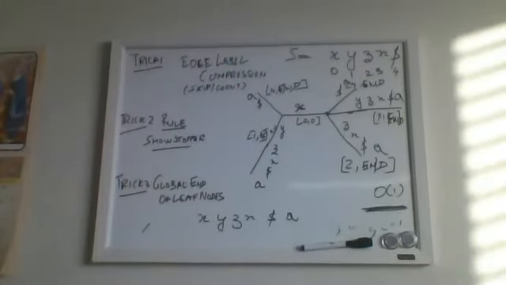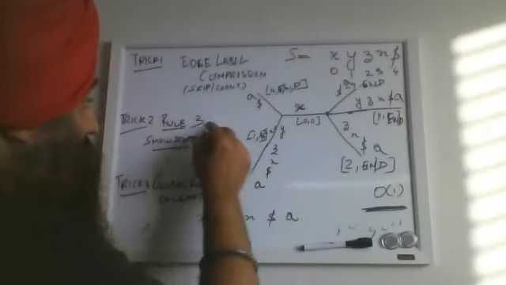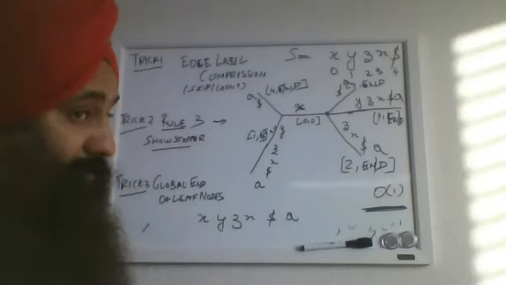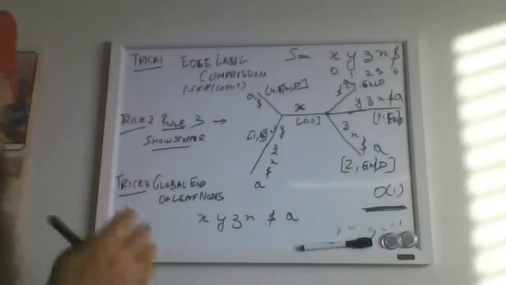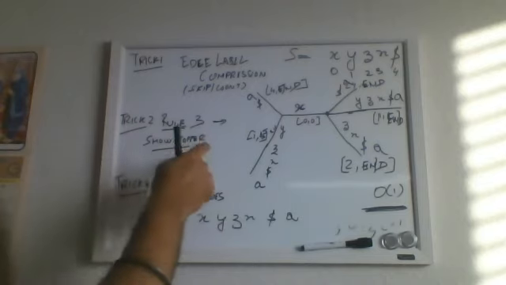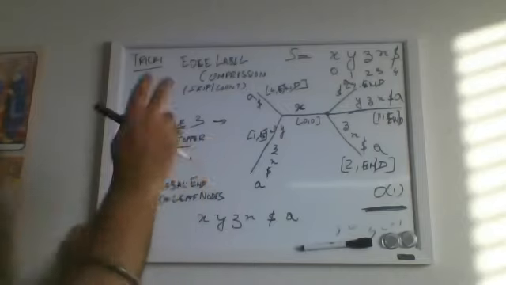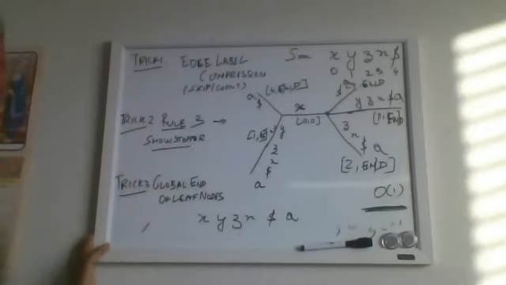The second trick is, as soon as rule 3 applies, you end the phase and you move to the next phase. So rule 3 is your showstopper. As soon as within a phase your rule 3 applies, you stop that phase and move to the next one.